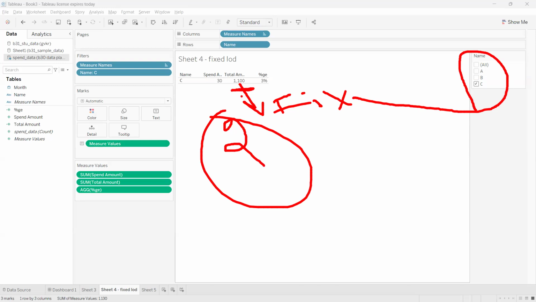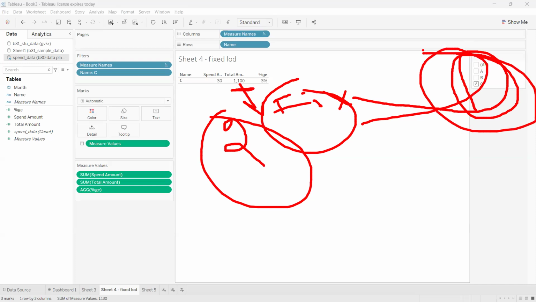But sometimes my user is asking, I understand that you are using fixed LOD in the denominator, but I want it to depend upon some dimension filters. In general, fixed LOD will not depend upon dimension filters or any other filter except the context filter. But my user is asking that my fixed LOD should depend upon this dimension filter.